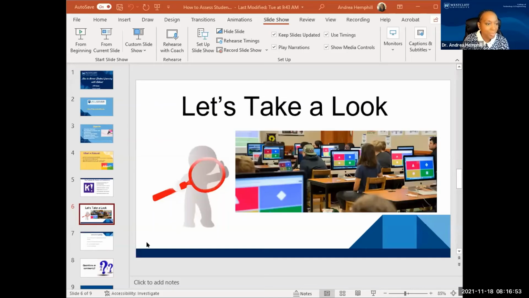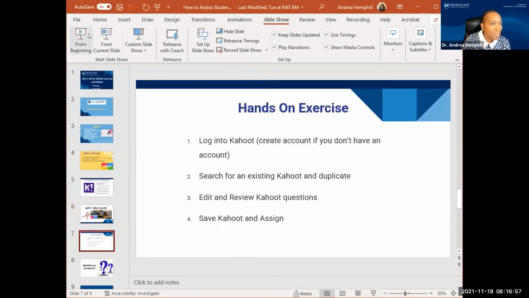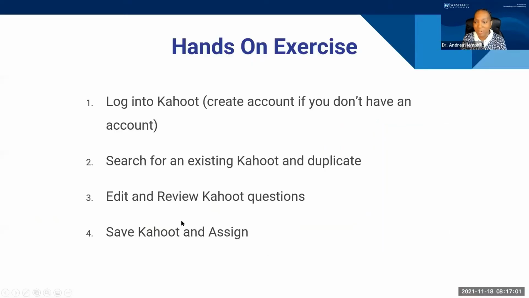And so now let's go back over into here. I'd like you to, if you don't have an account, create an account, search for an existing Kahoot and attempt to duplicate it, and then edit and review. Once you have it up, you can edit it, review those questions, and then at the end it'll say, are you ready to play it?